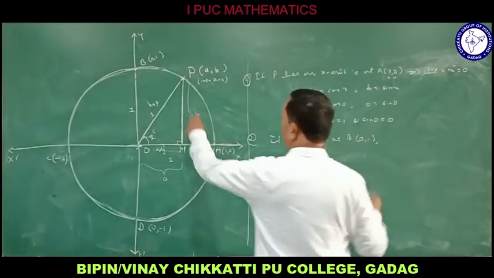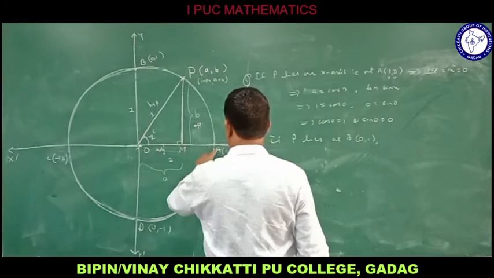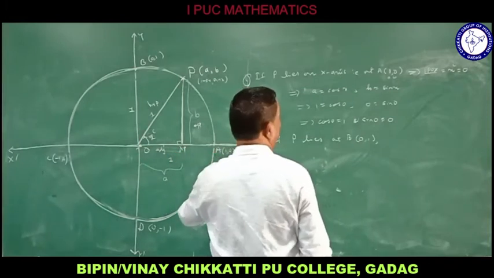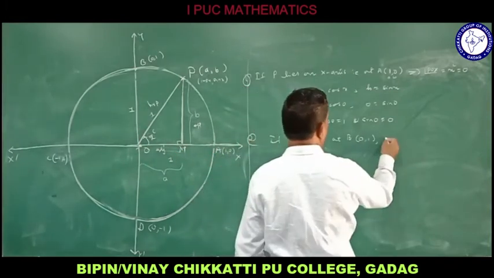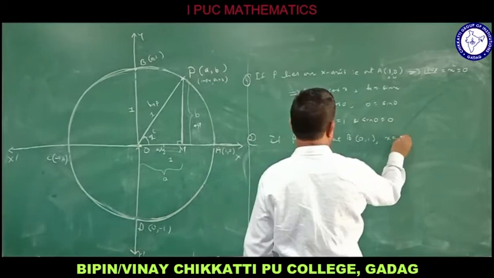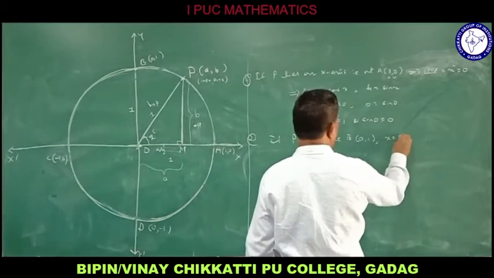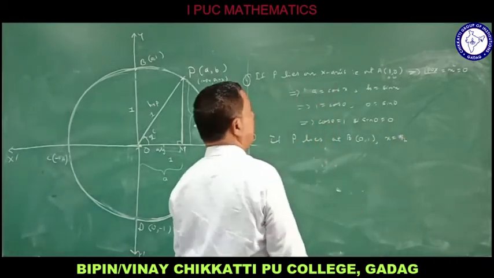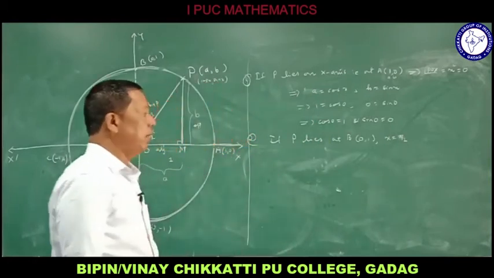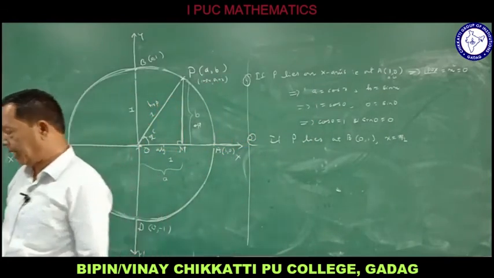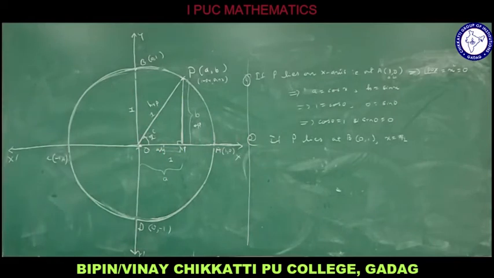That is this angle. Here X is how much? X is 90 degrees, pi by 2, or you can say in radians pi by 2. So when P lies at B, then X is equal to pi by 2.